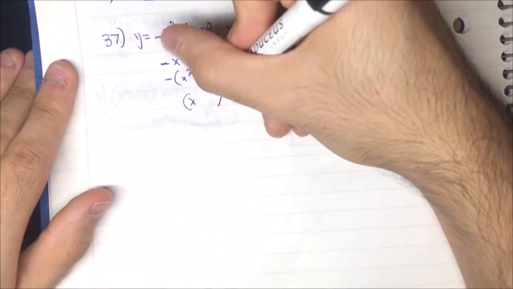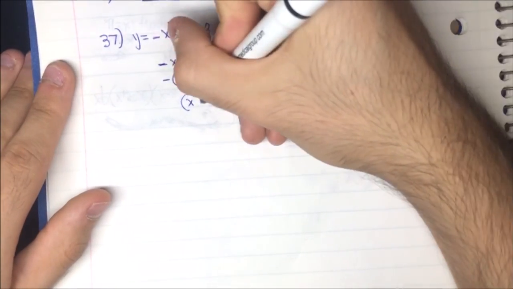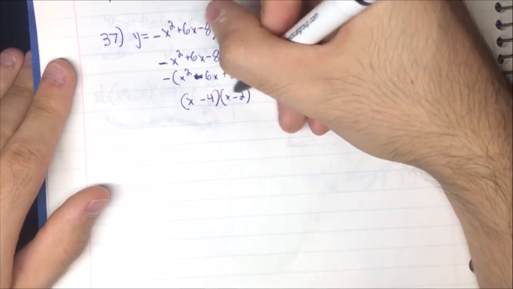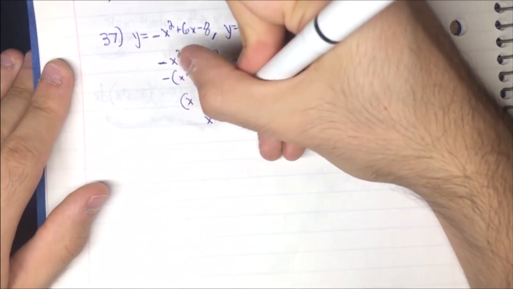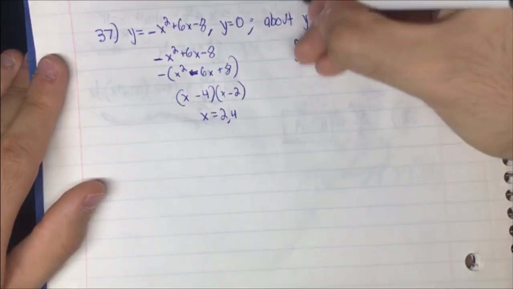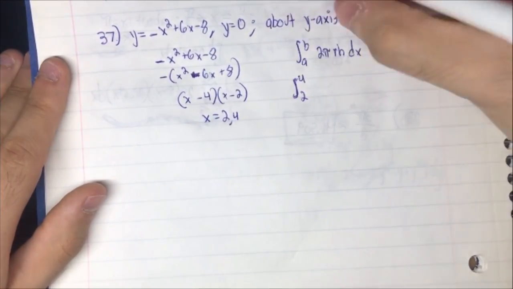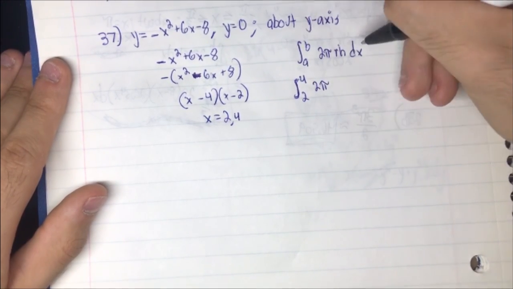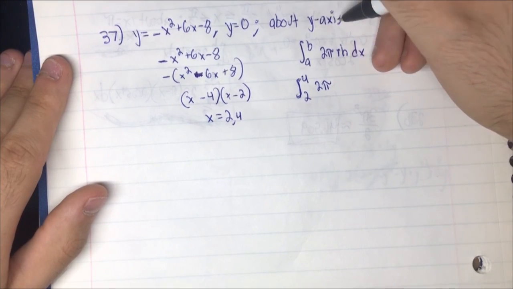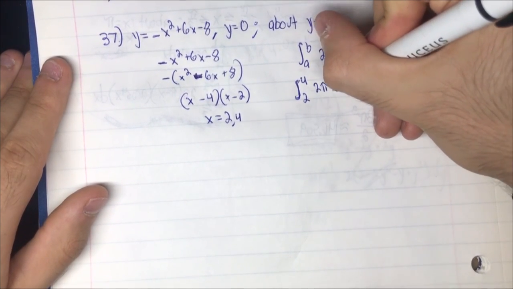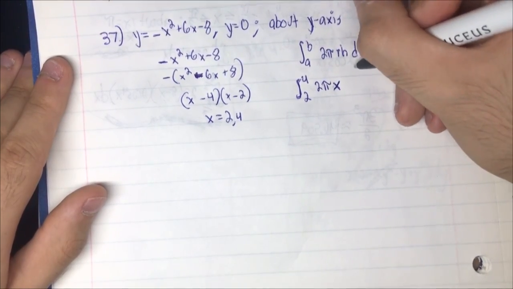And now you can do this X-box thing, or whatever it's called. 4 and 2, so multiplied to equal that, add to equal that. Alright, cool. So x is equal to 2, comma, 4. So boom, we found our bounds. So let's see, 2 to 4, 2 pi. The radius is, since it's on the y-axis, it's x.